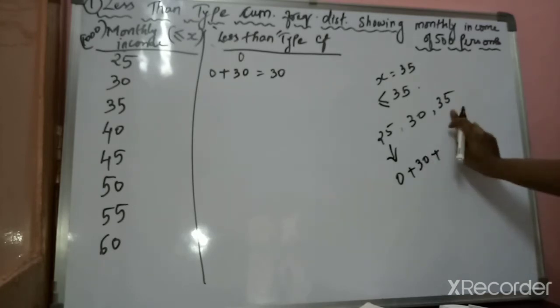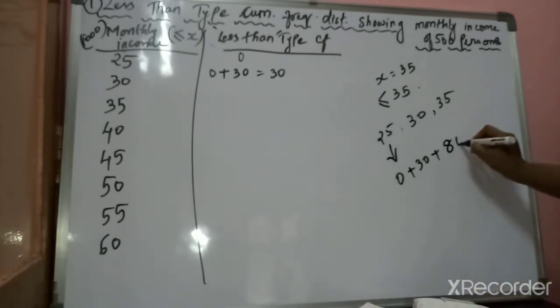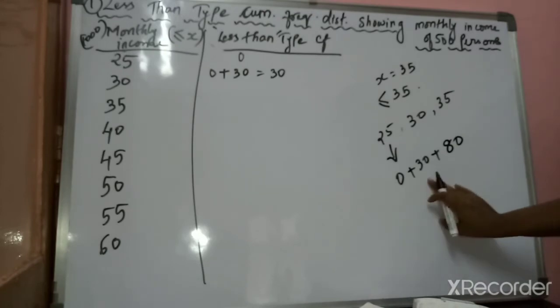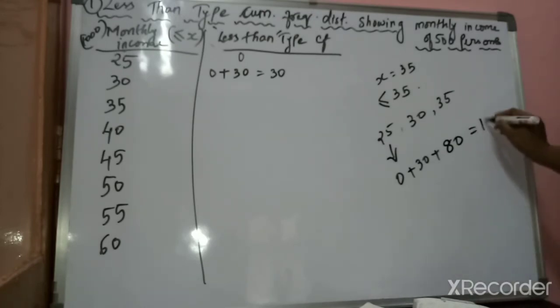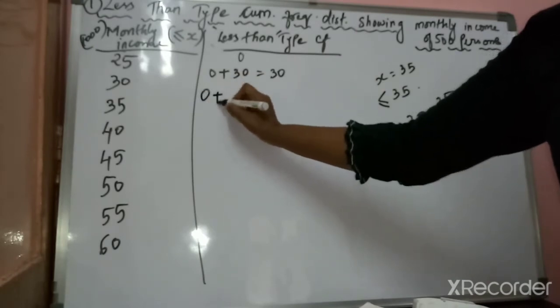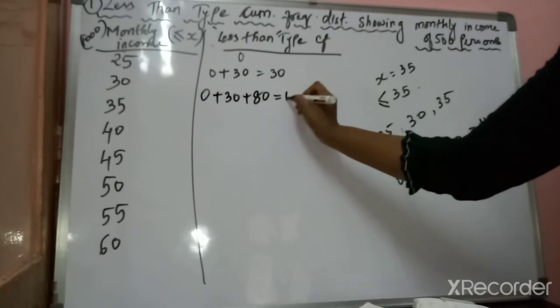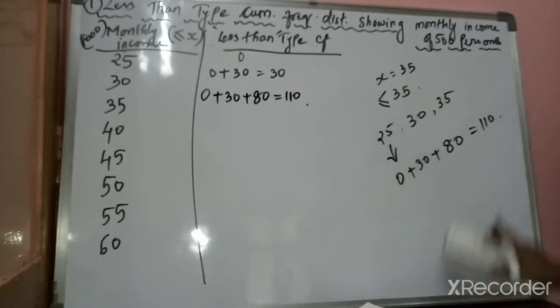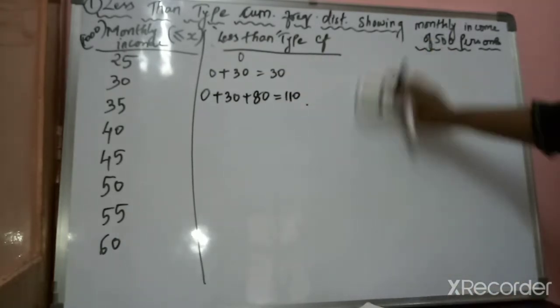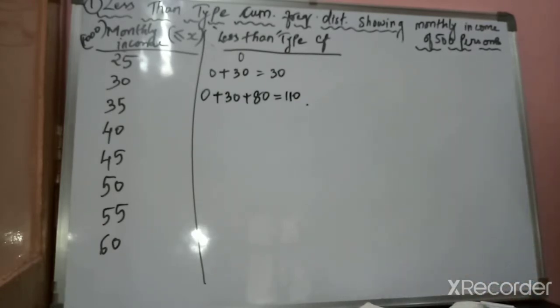So 0 plus 30 plus 35. Just look, below 35,000, the frequency of the second class in the textbook is 80. So 0 plus 30 plus 80 would be 110. You can show the working, or directly write it like this. It would be better to show the working and then write the answer, so it would not be difficult for you for computation. Okay, so there would be no confusion.